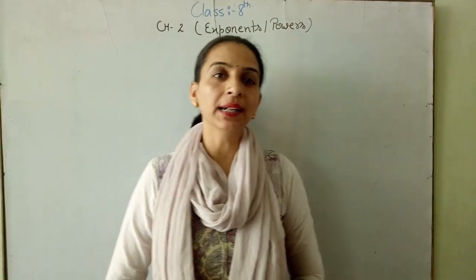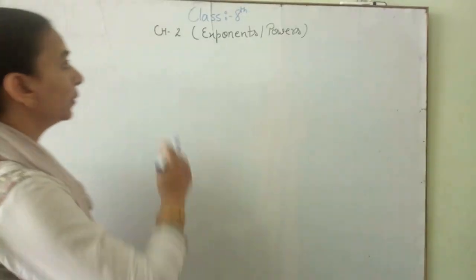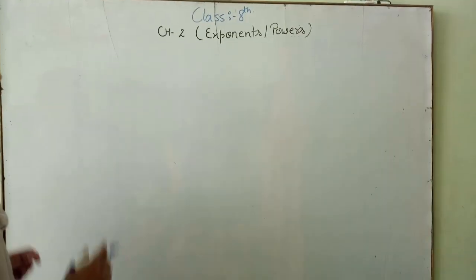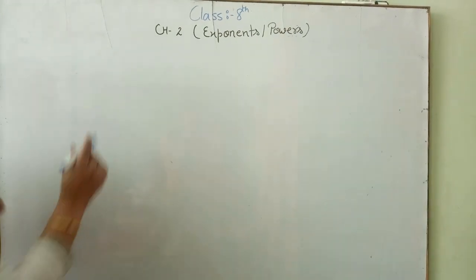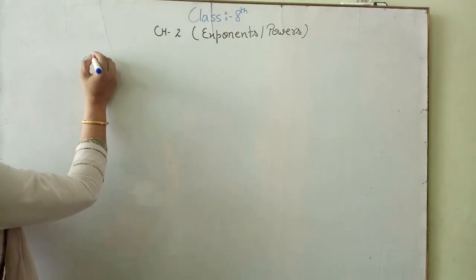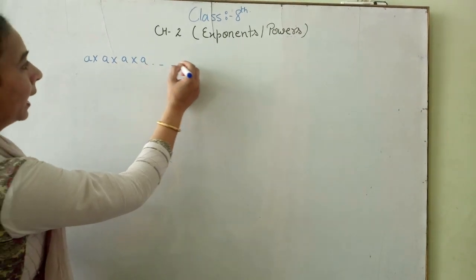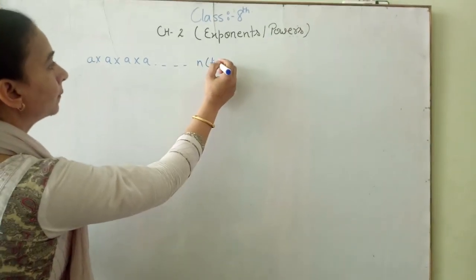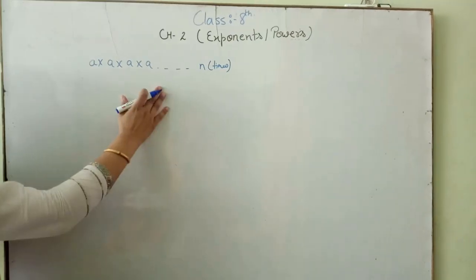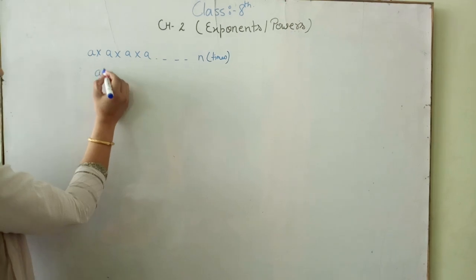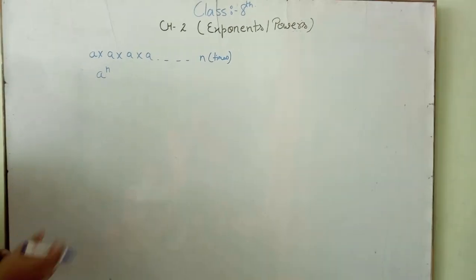Now we are going to start our chapter, exponents and power. Students, what is an exponent? When a number a is multiplied by itself n times, we can write this as a raised to the power n.